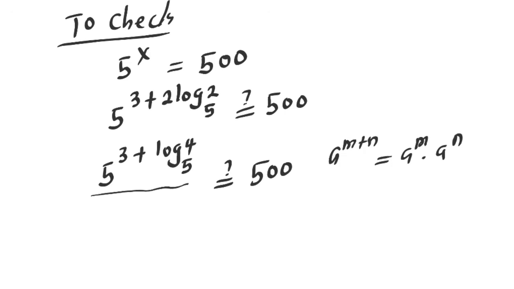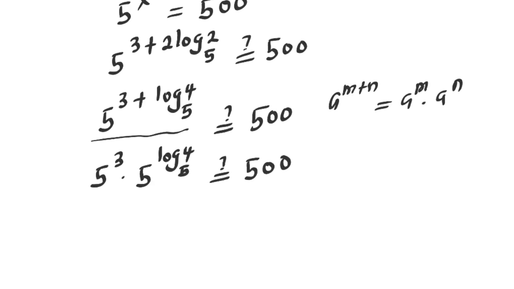The whole of this can be written as 5 raised to power 3 multiplied by 5 raised to power log 4 base 5 must be equal to 500. Then 5 raised to power 3, this is 125, multiplied by, this is in the form of, if you have a raised to power log b base a, this is equal to b.